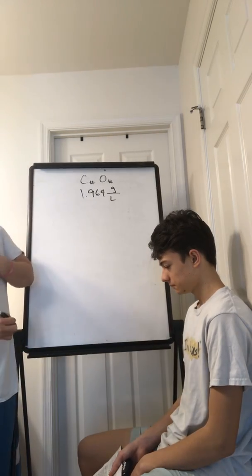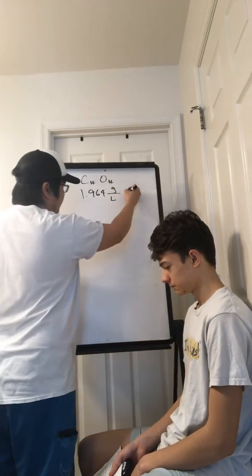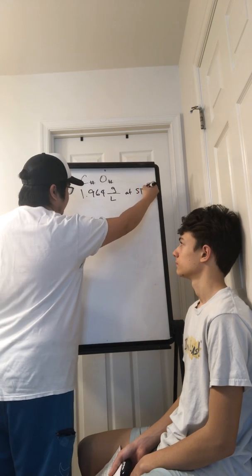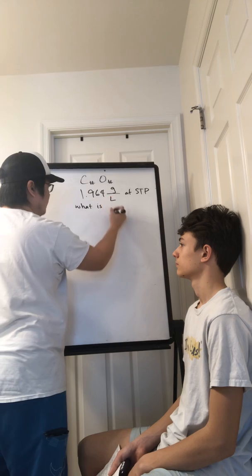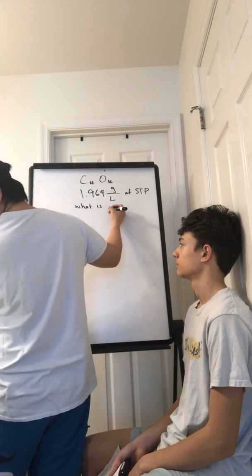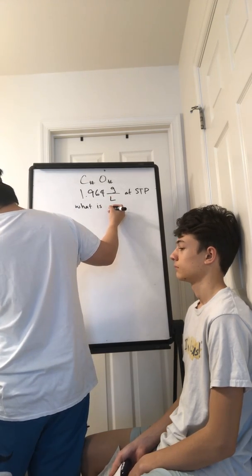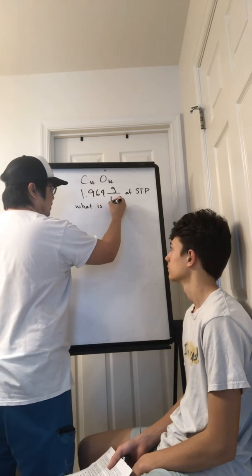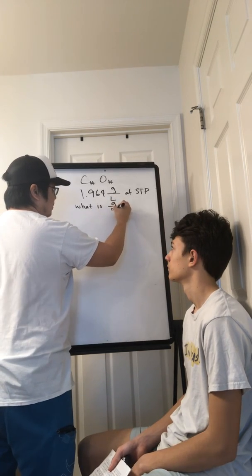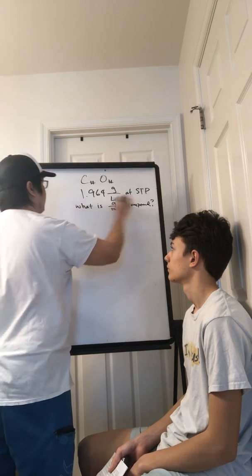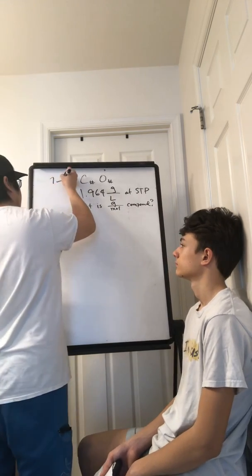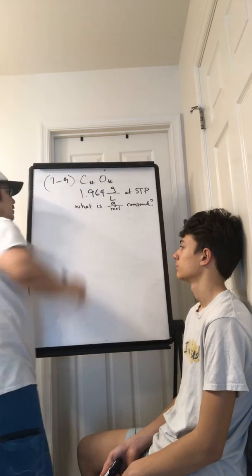And they're saying it's at STP. And what they want us to find is the molar mass of the compound. So grams per mole. Got it? And this is example 7-9.